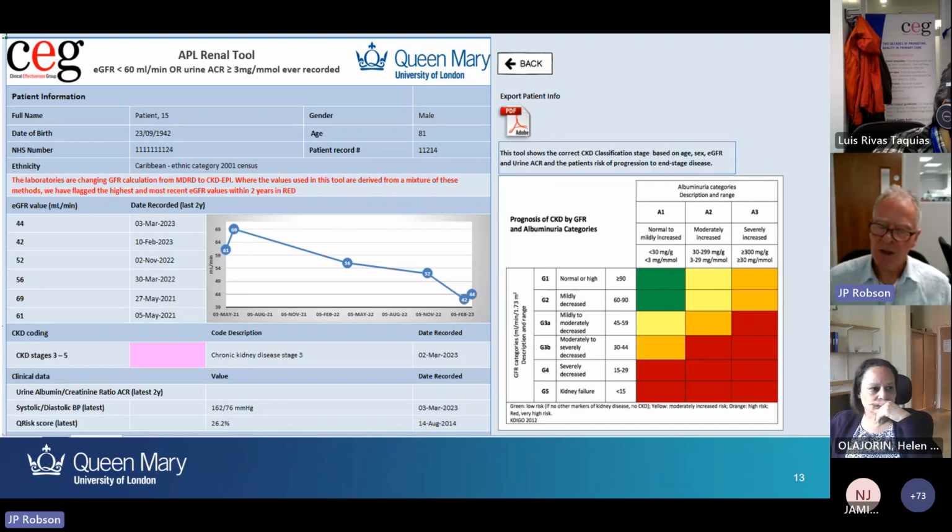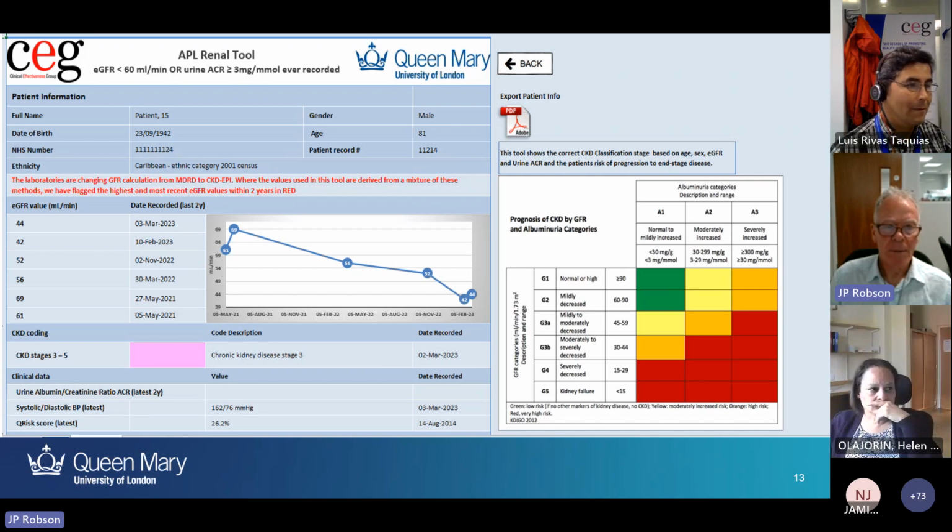That's something we're just at the moment adding to our templates to make it a bit easier, as it's quite complicated. So you can have CKD grade 4 A1 or CKD grade 4 A2, and each of these has different codes. So it's a bit complicated, but anyway, we'll try and make it a little bit easier.